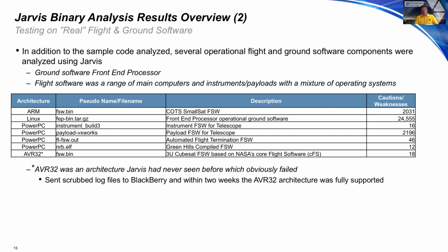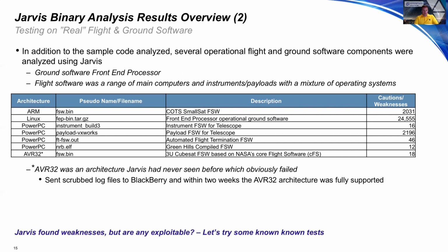So we worked with the vendor, and within a couple of weeks, they had added that architectural support, and we were able to get some information out, which was good. That showed some flexibility in the way the toolset was built, that you can add support that quickly. So that was nice. We found some weaknesses, but let's dive into the next phase.